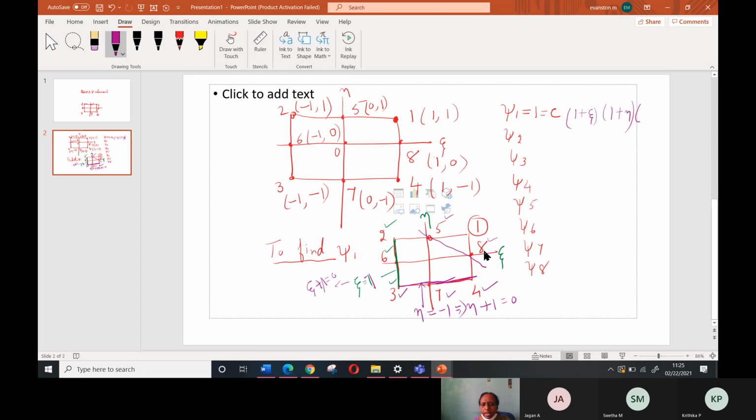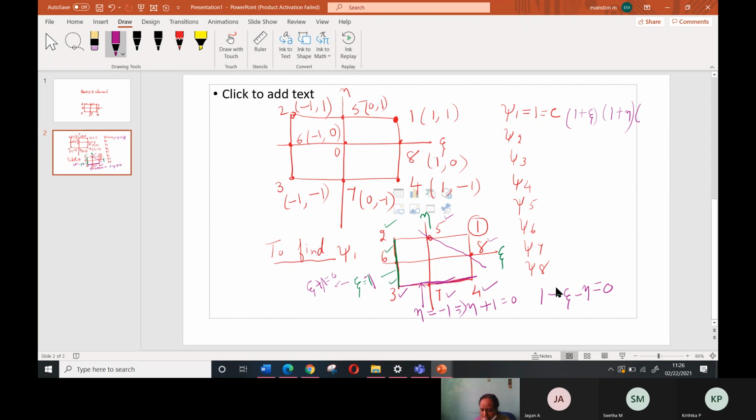That is, at the 8th node xi is equal to 0, and at 5 and 8, 1 minus xi minus eta is equal to 0.